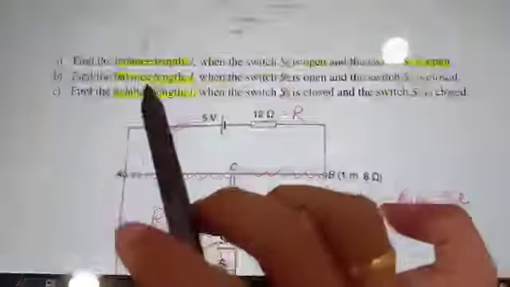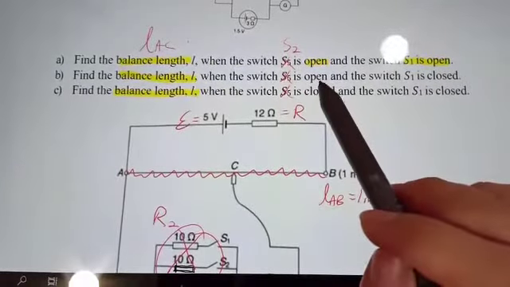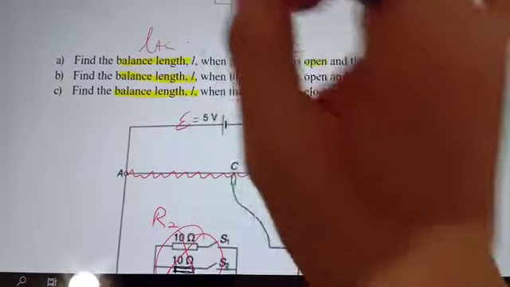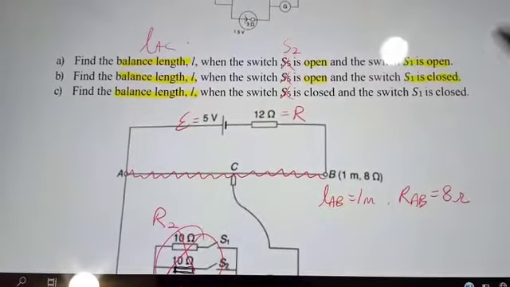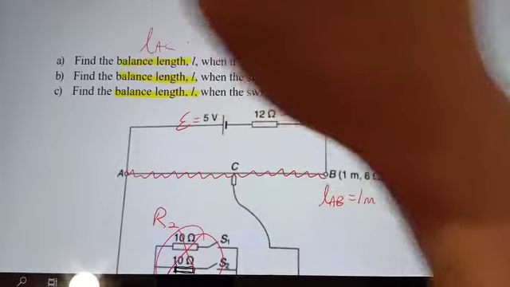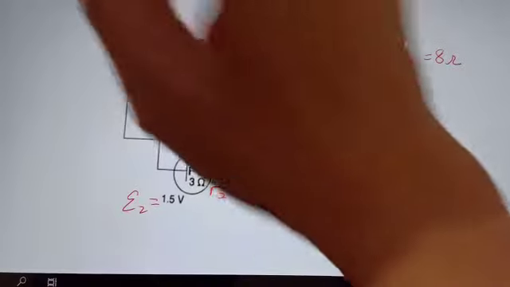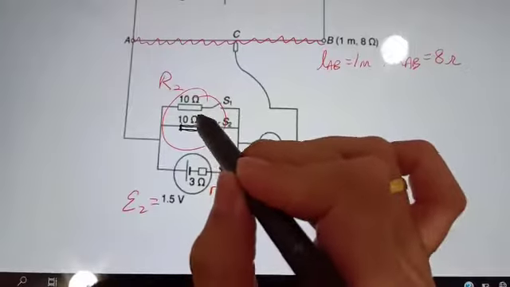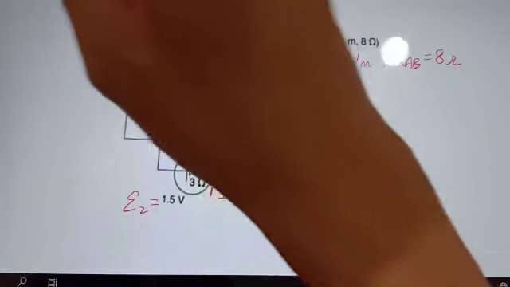Now the second question asks for the length AC when S2 is open and S1 is closed. S2 open means this one is not there.